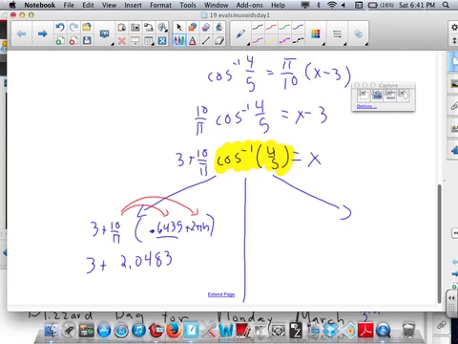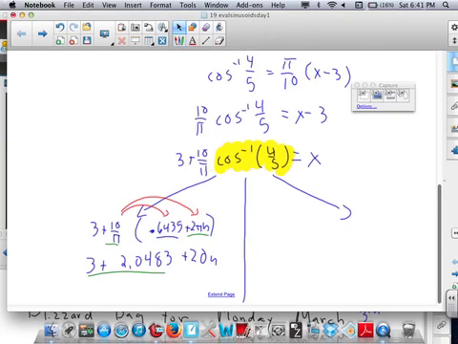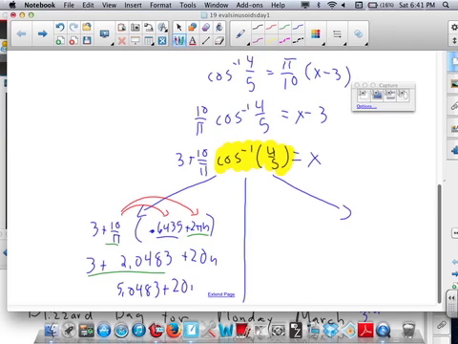Okay, then 10 over pi times 2 pi n winds up to be 20n. Now, these two numbers right here I can add together. That'll wind up being 5.0483 plus 20n. Okay, there's our first formula to help us get the first three positive values.